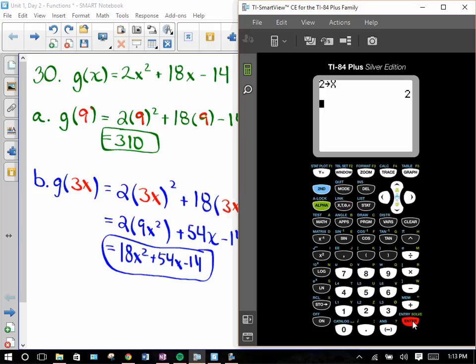So now x is the number 2. So essentially I just go 18x squared plus 54x minus 14, and it gives me the number 166, because 18 times 2 squared plus 54 times 2 minus 14 equals 166.